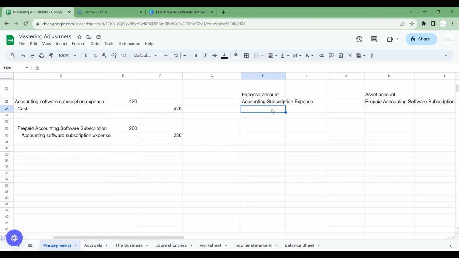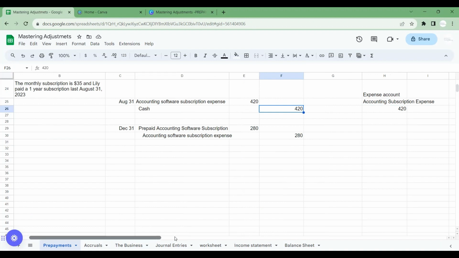At the time the subscription was paid, we debited the expense account for a total amount of 420 and credited cash of 420. And on December 31, we made an adjusting entry.